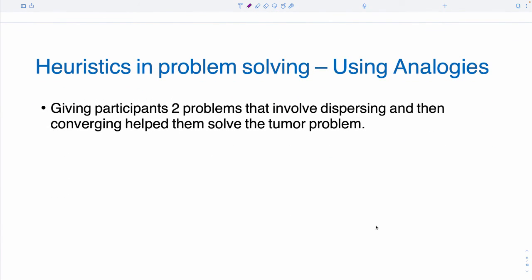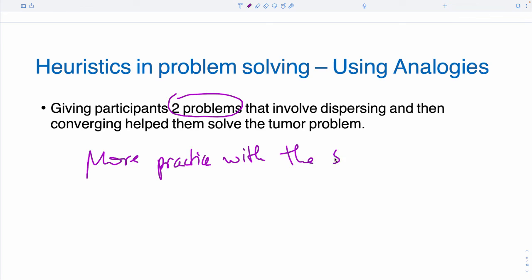Also, giving participants two problems that involve dispersing and then converging helped them solve the tumor problem. So more practice with the same type of solution. And we can refer to that type of solution as a solution schema.